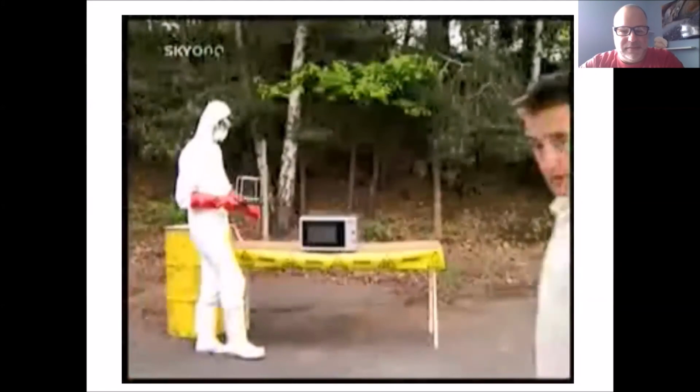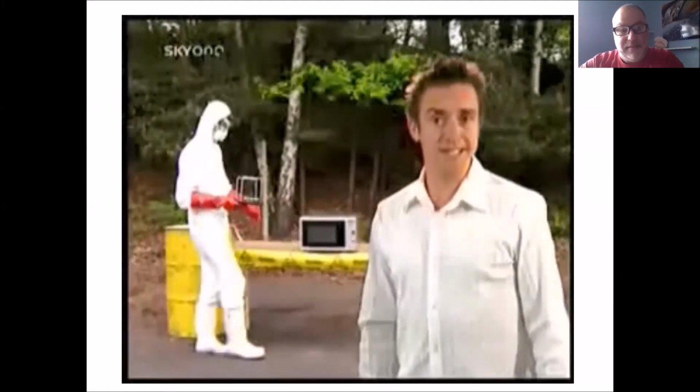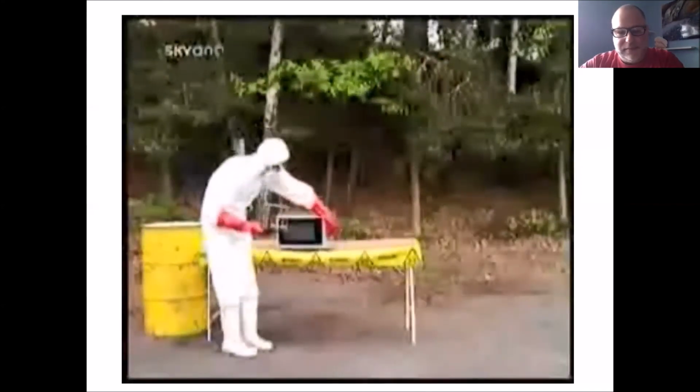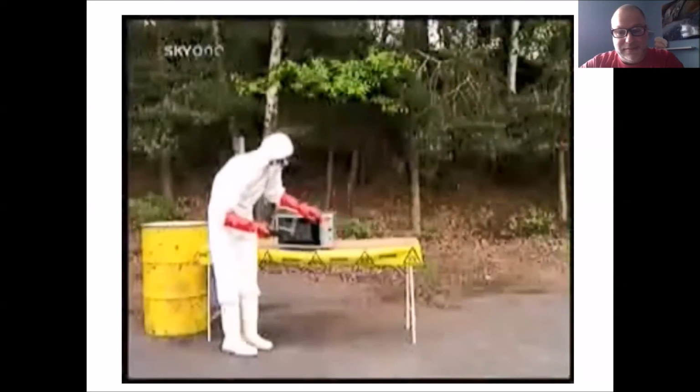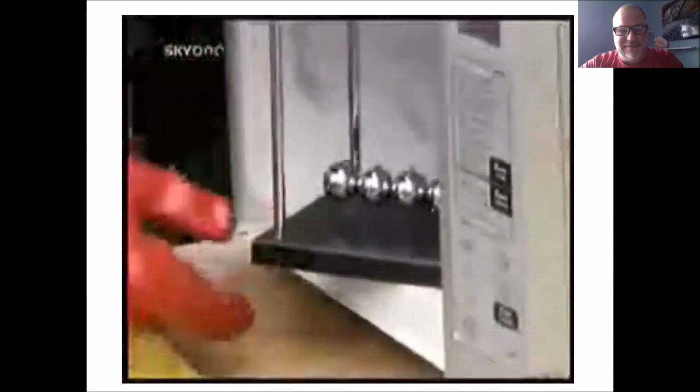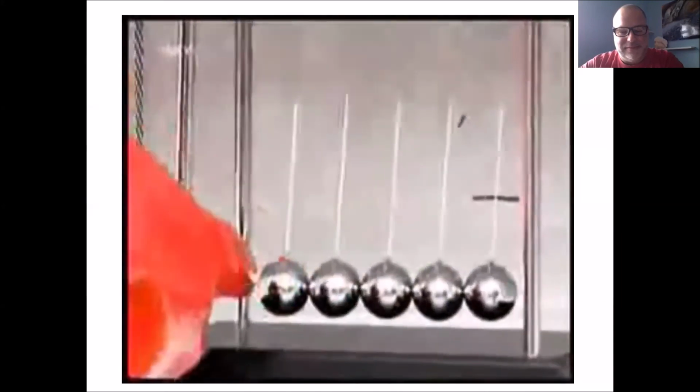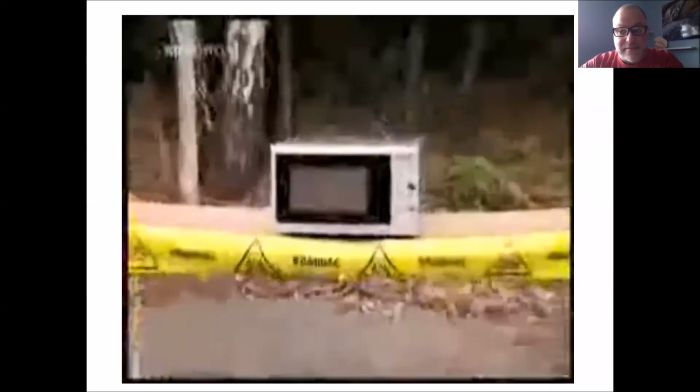Stop. The following experiment is dangerous. Do not try this at home. No, really, don't. Great ball of fire! The Newton's cradle, named in honor of Sir Isaac for exemplary work with apples and designed to illustrate the conservation of momentum and energy. And the microwave, designed to illustrate that obliterating food into a tasteless mess doesn't have to take all day.